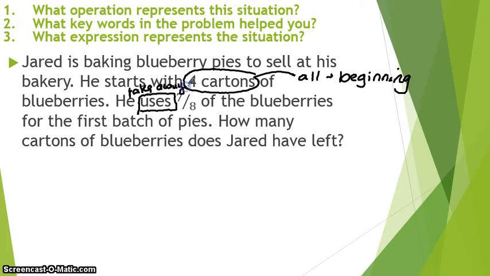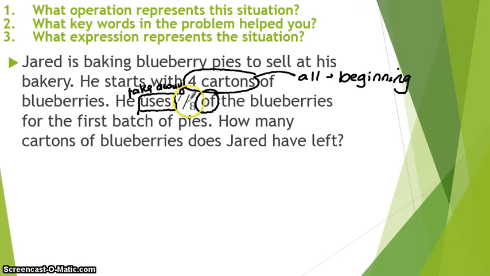He uses 7/8 of the blueberries for the first batch of pies. He's taking away 7/8 of the blueberries. How many does he have left?